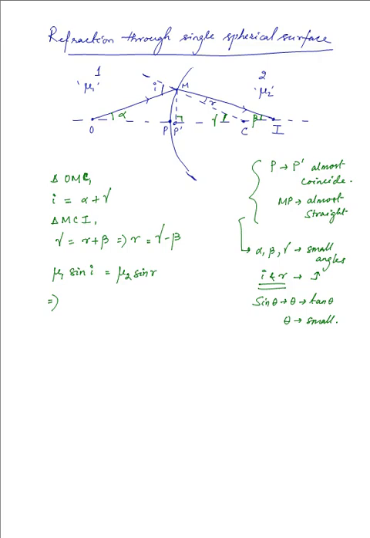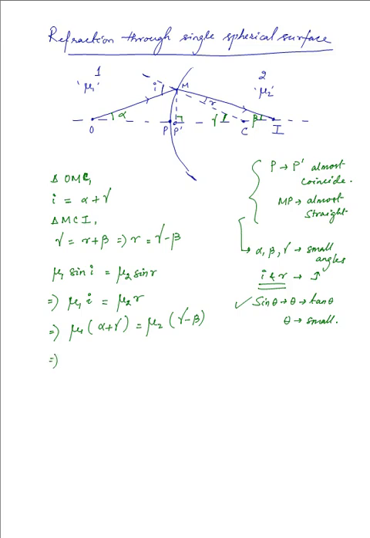Now, this mu1 gets multiplied simply to I, and mu2 gets simply multiplied to R because of this criteria that we have over here. And that results in mu1 times, well, we can now substitute the values of I and R that we have obtained, that is alpha plus gamma, and for R, we have gamma minus beta.